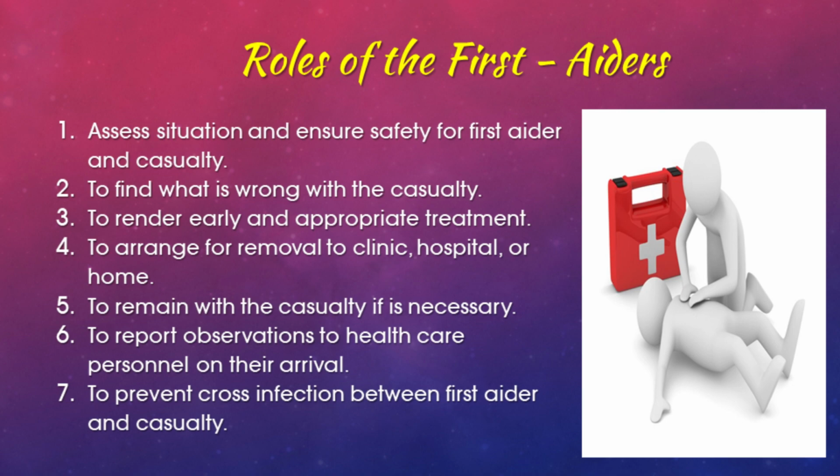Number 2, find what is wrong with the casualty. 3, render early and appropriate treatment. 4, arrange for removal to clinic, hospital, or home. 5, to remain with the casualty if it is necessary. 6, report observation to healthcare personnel on their arrival. And last is to prevent cross-infection between the first aider and casualty.